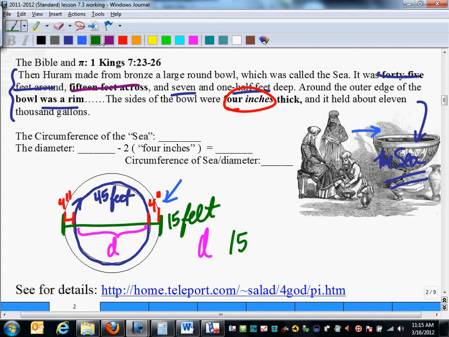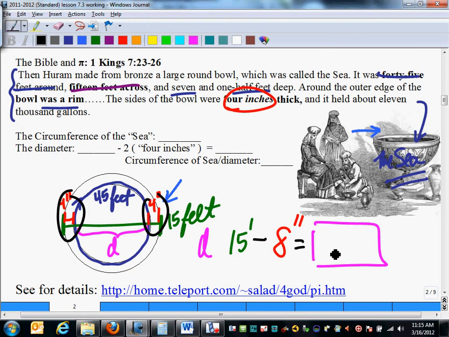And then for the inner, we have to subtract the 8 inches here. Now, as a team, I want you to come up with that D there. I want you to come up with the actual feet, something feet, and something inches as a team. Talk about it. You've got 30 seconds. Go.